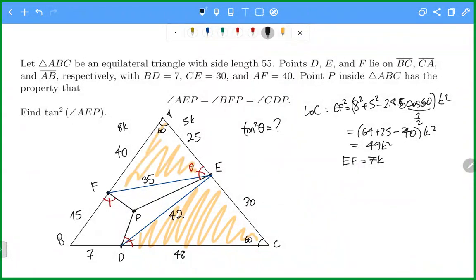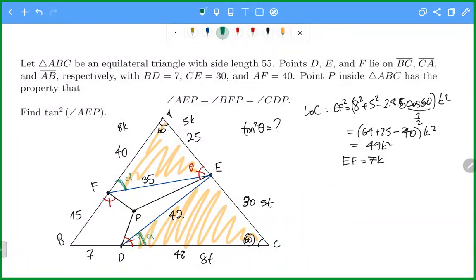Because they have the same angle in between and the same ratios of the sides. So this is 5T, 8T, and the angle in between is 60, so we have side-angle-side similarity. Those two triangles are similar, and this immediately implies that this angle, if I call it alpha, equals this angle. So this has to be alpha as well.